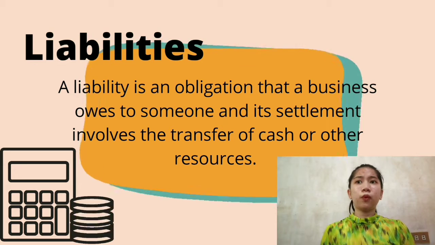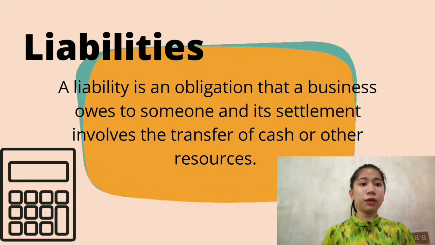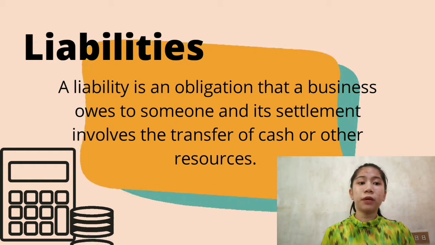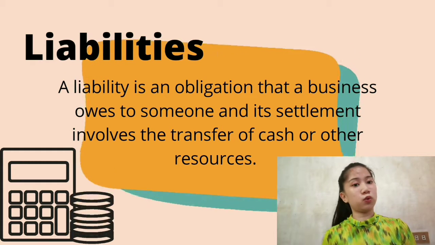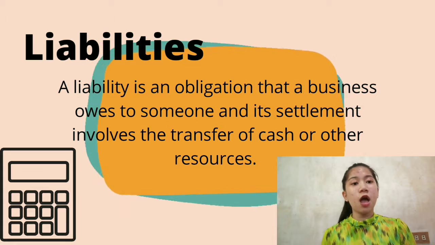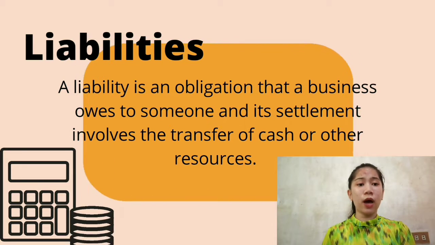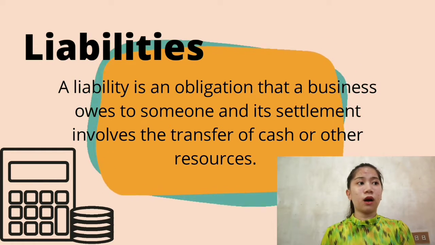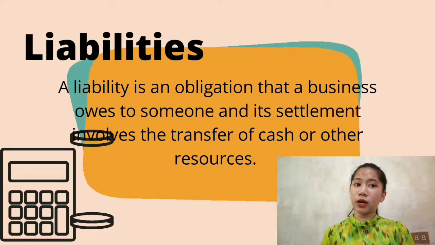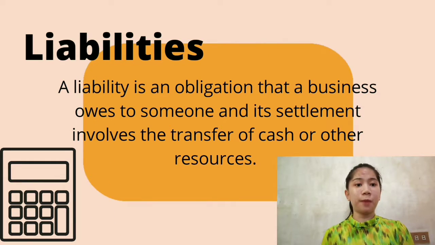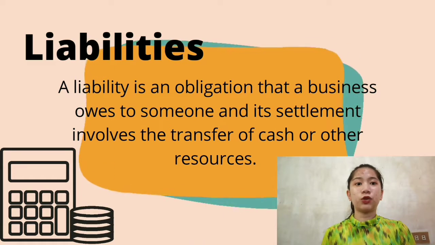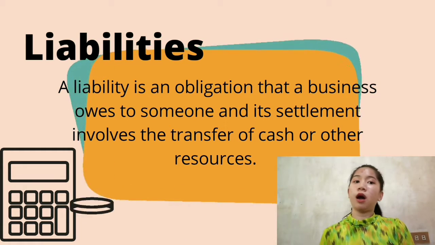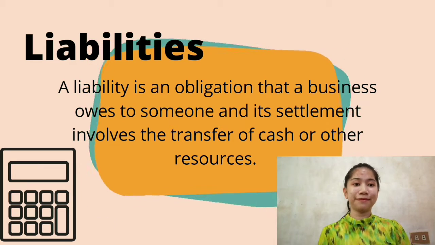When we have a liability, a company is obliged to pay back or give back what they owe to the other entity, and it has to have a settlement or agreement on how you give back, and one of its settlements may be transferring cash or other resources.